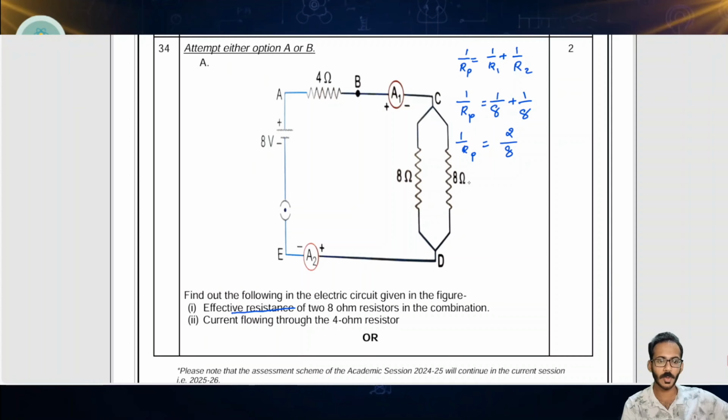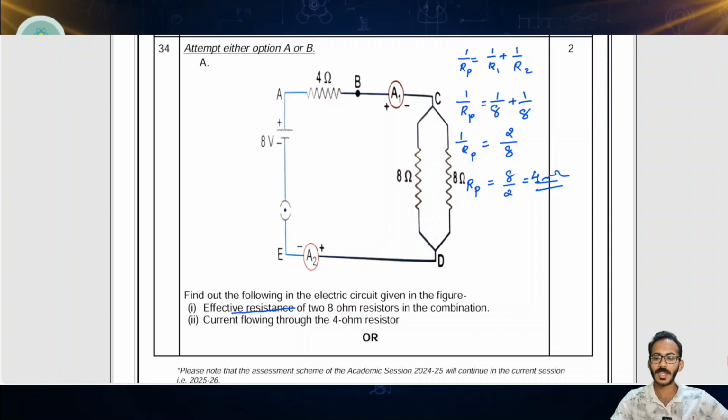When we take the reciprocal, Rp is equal to 8 by 2, that is 4 ohm. This is the answer. Okay. So we already know that in parallel connection, when you have two same resistors, the effective resistance will be half of it. But still, steps are needed for us. That's why we should do the steps.